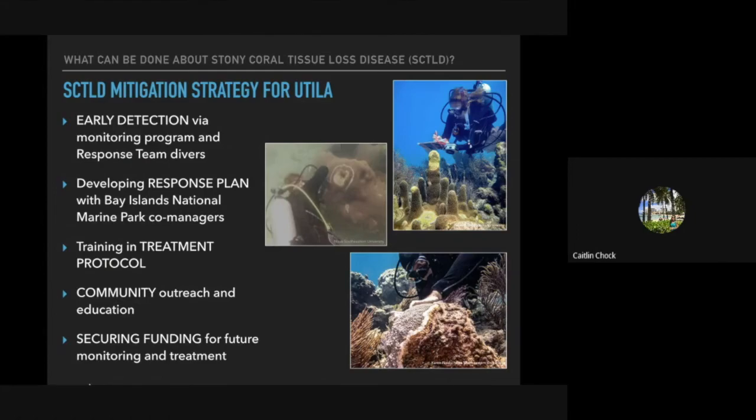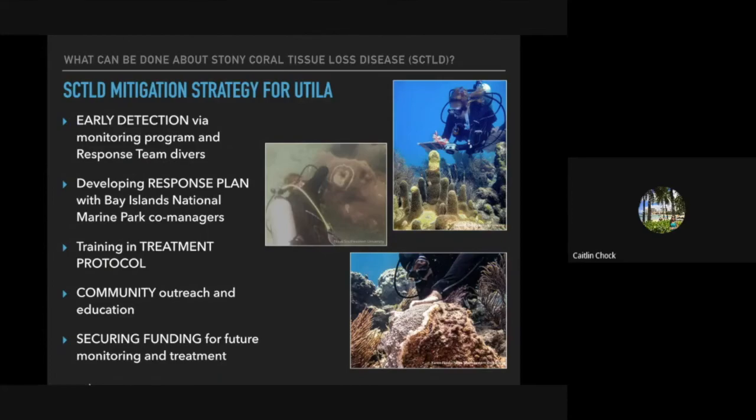So everyone keeping an eye out on the reef, taking photos of any suspicious looking corals, getting advice from experts. If we do get sent any suspicious photos, we are sending those off to experts to try to help identify and see if it is the disease or not.